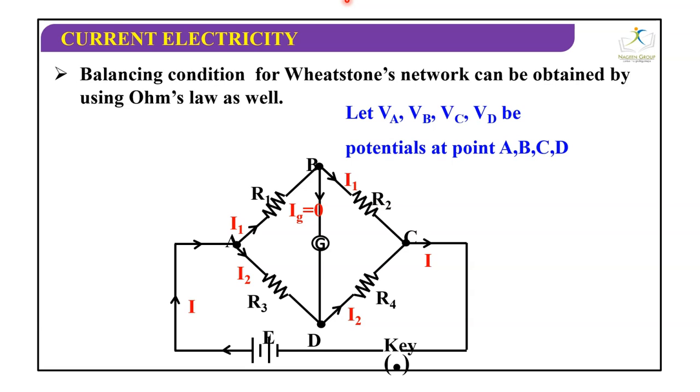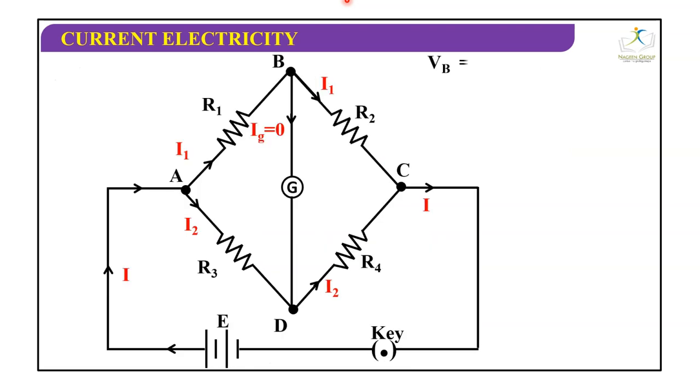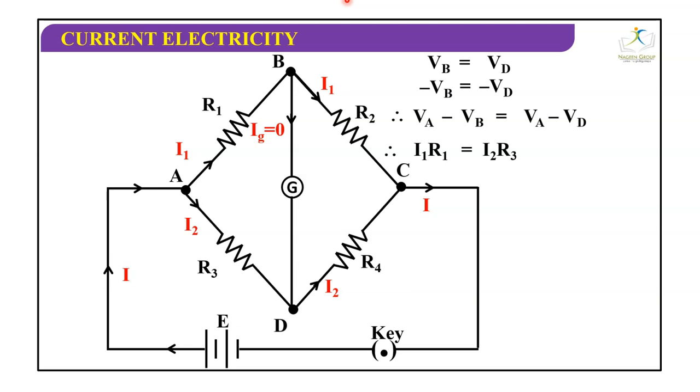Let VA, VB, VC and VD be the potentials at the points A, B, C, D. VB is equal to VD and minus VB is equal to minus VD. So VA minus VB is equal to VA minus VD, that is I1 R1 is equal to I2 R3.